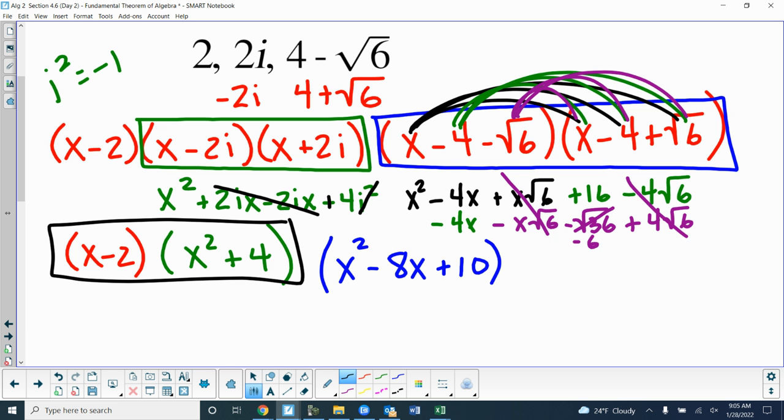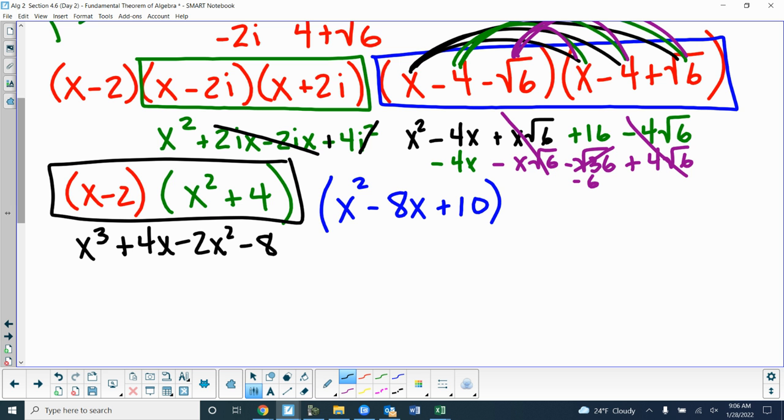So I got x times x squared, x times 4, negative 2 times x squared, and negative 2 times 4. Oops, that's a negative 8. Right? Are there any like terms? No. So even though it's not in the right order, I'm just going to leave it like that and go from there. Once I finish up, I'll put everything in the right order.